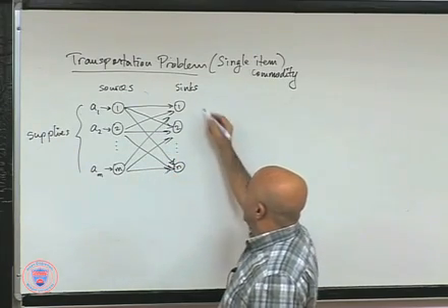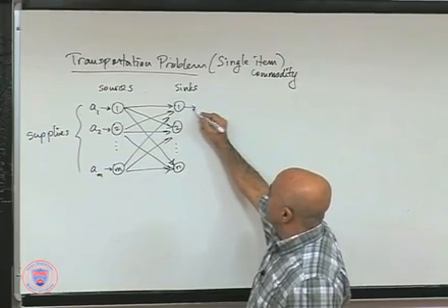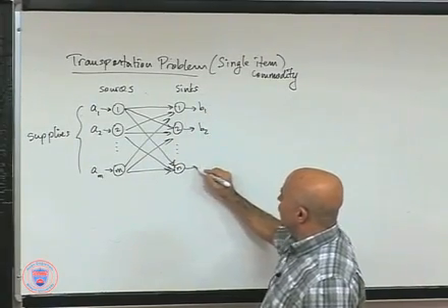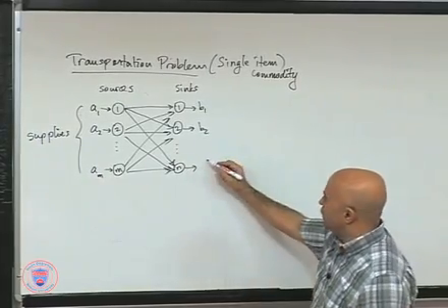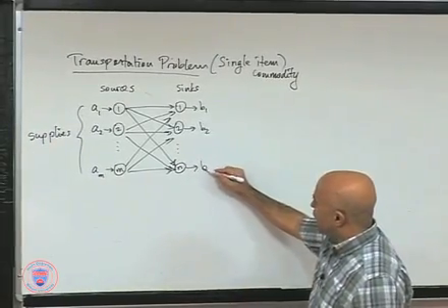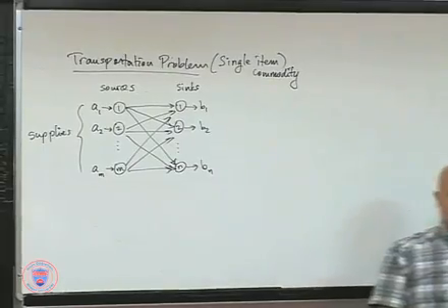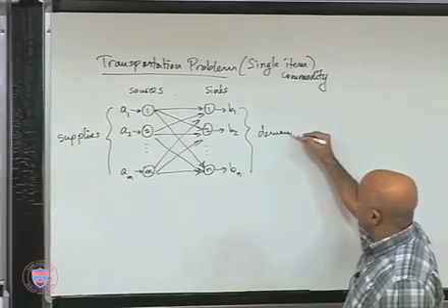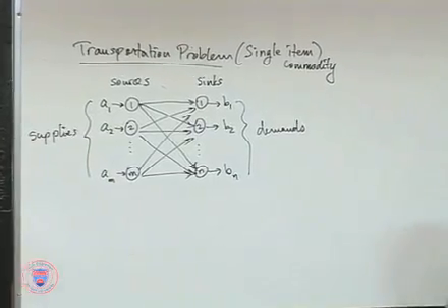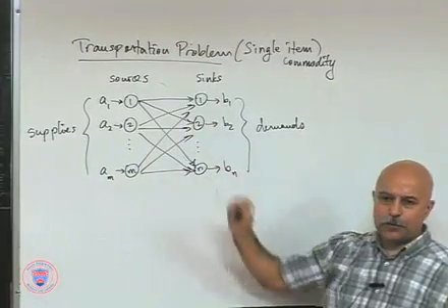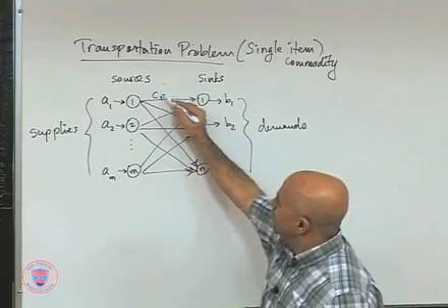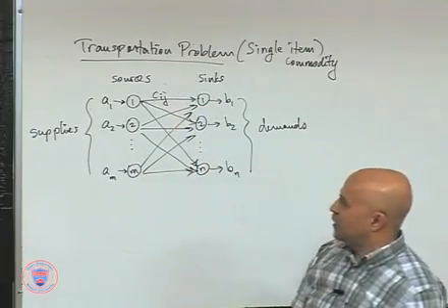So the sinks demand certain units of these products on a, say, weekly basis, and they are BJs. So these are your demands. And then in the middle portion of this picture, we've got the unit transportation costs, CIJs.